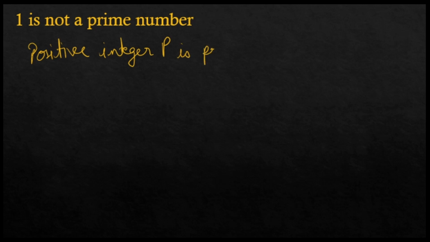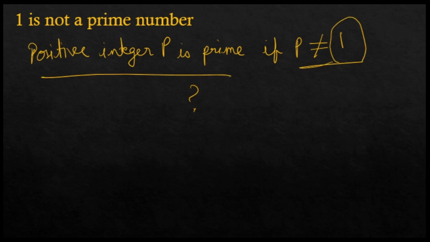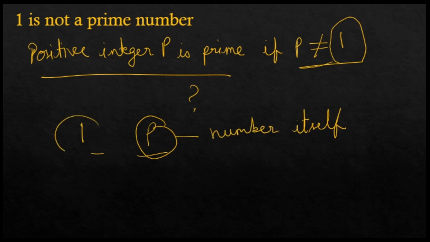Point to be remembered: according to the fundamental theorem of arithmetic, 1 is not a prime number. A positive integer P is prime if P is not equal to 1. And why is this so? According to the definition of prime, whole numbers which have only two factors, 1 and the number itself. Any positive integer here, so this is the number itself and this is 1.